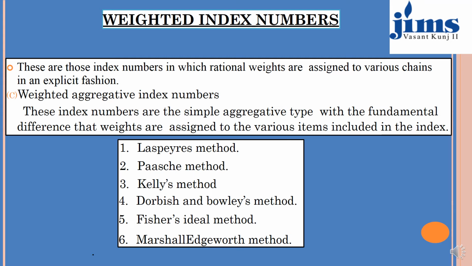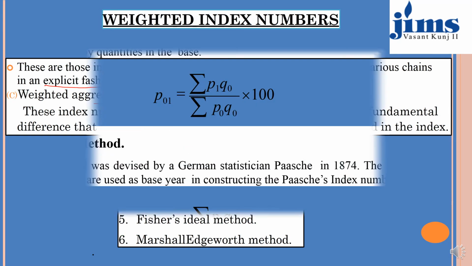It is a very important thing, you should note this down. Weighted aggregative index numbers are simple aggregative types in which different weights are assigned to the various items included in the index numbers.